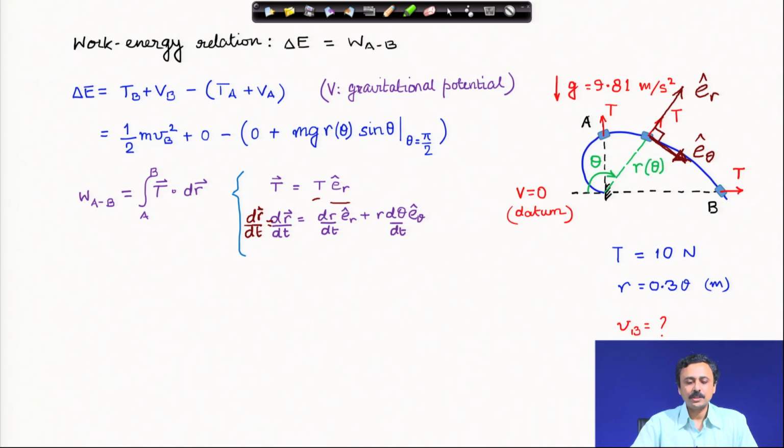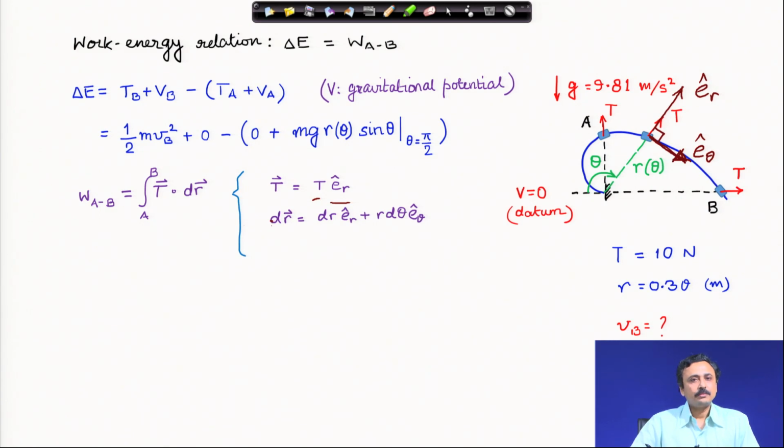Therefore, I can remove this dt and hence the dr vector must be equal to dr E r cap plus r d theta E theta cap. This is the general infinitesimal displacement vector in a polar coordinate system.